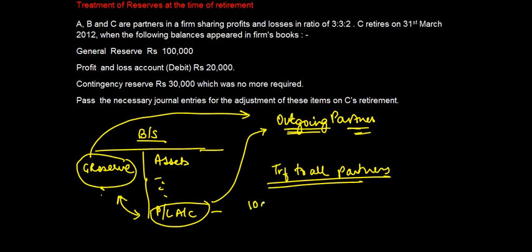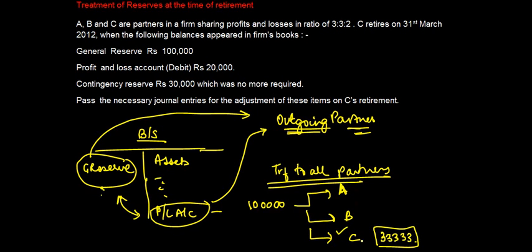Let me tell you, let's say for example you have 1 lakh of balance of general reserve and there are two partners A and B who are sharing profits and losses equally. So at the time of retirement, actually we'll need 3 partners, because if one retires, then it actually becomes a sole proprietorship. So let's say A, B, C are 3 partners and 33,333 is the share of profit of C. Now C goes off.